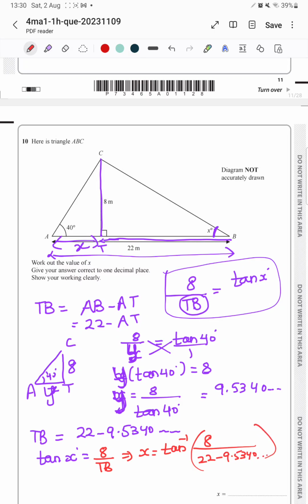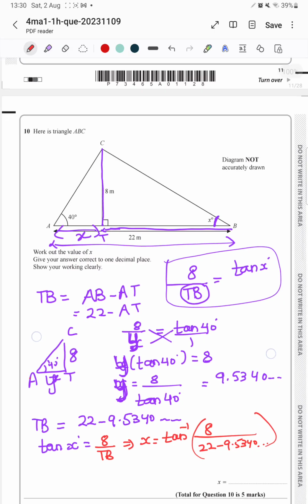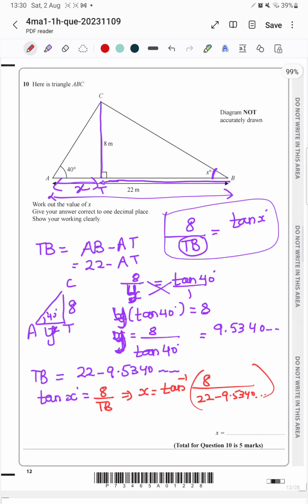Make sure you write it on the calculator correctly. So this value of x is going to be 32.69 and so on. If I have to write the answer up to one decimal place, x will be equal to 32.7 degrees. That is the answer.